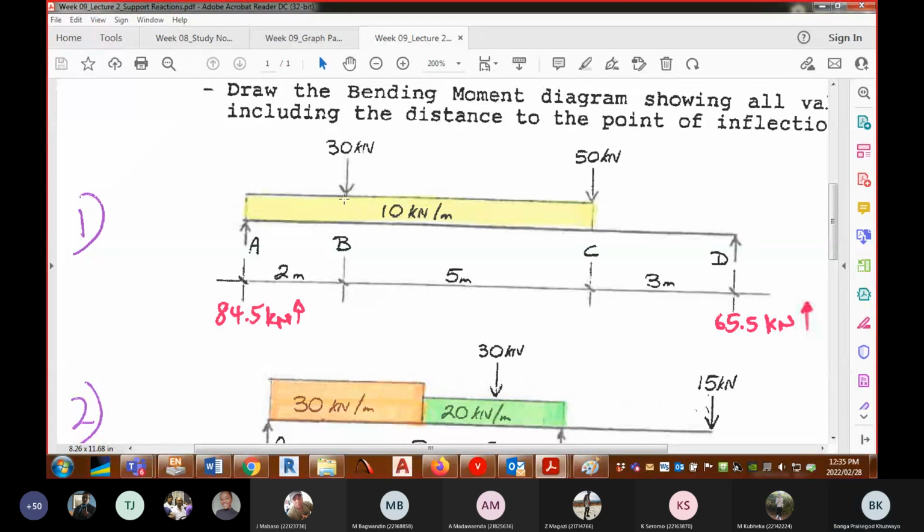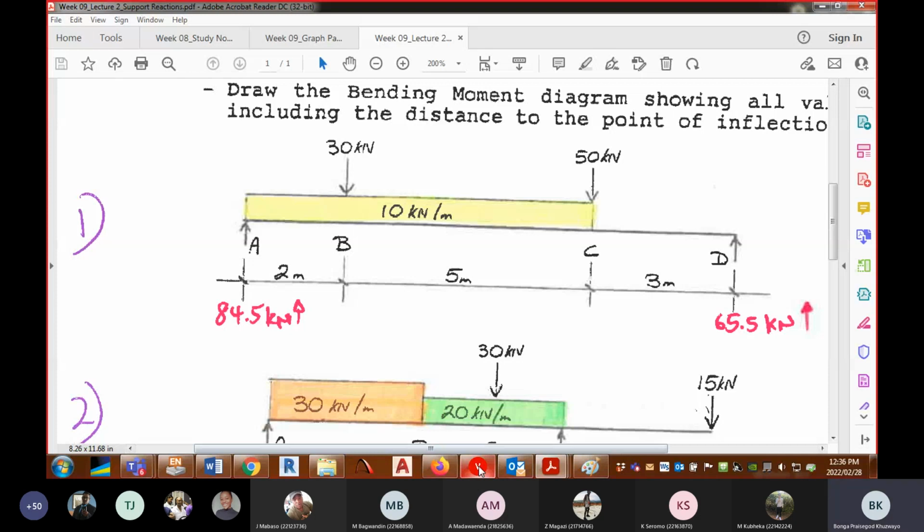So it's minus 10 times 2, then minus 30 kilonewton. Then you get 34.5. So on your graph paper, where is 34.5?